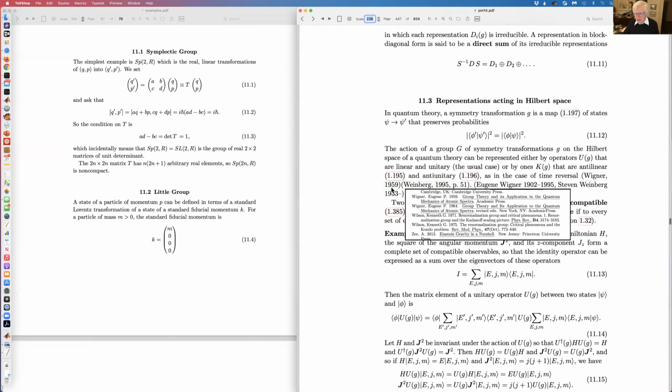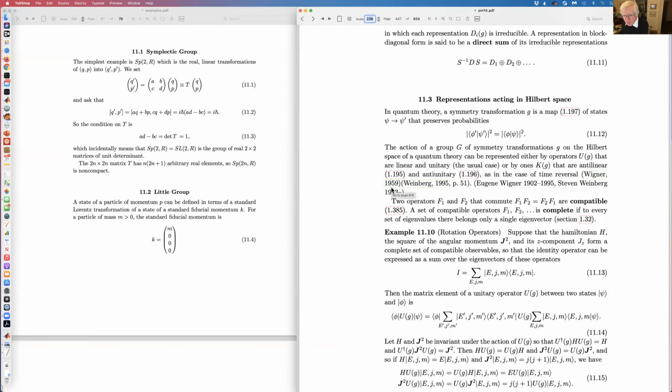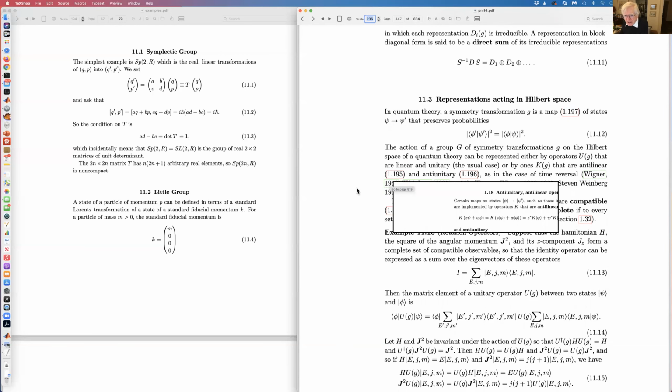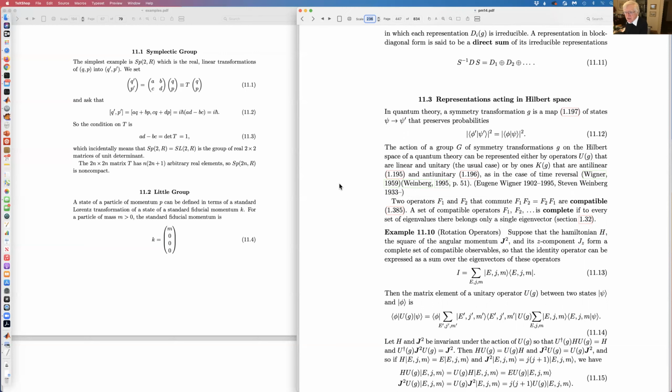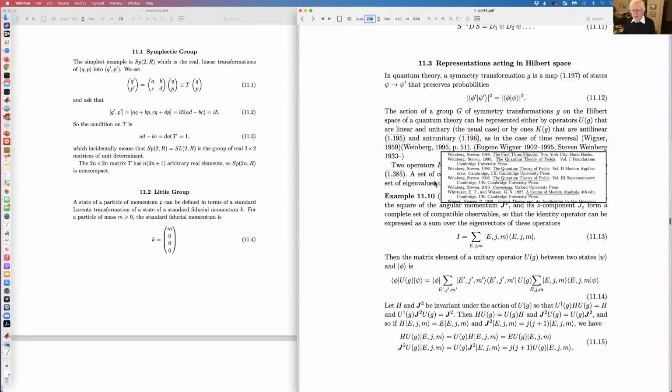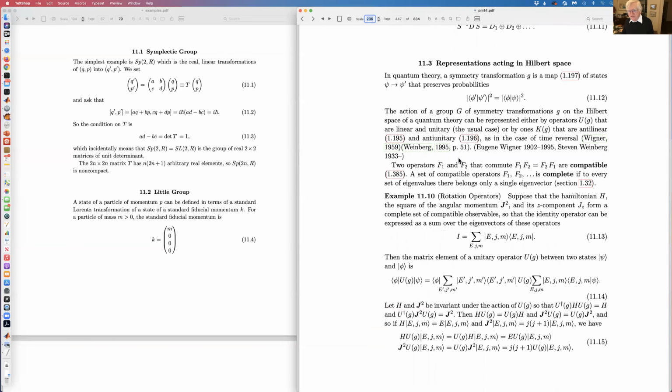The English translation is a book, Group Theory and the Quantum Mechanics of Atomic Spectra, which was published in, I guess, 59, and maybe depending on which edition, in 64, apparently, as well. Weinberg put some finishing touches on that, and that's in volume 1 of his 3-volume treatise on quantum field theory.